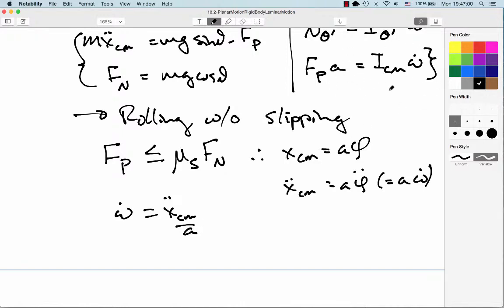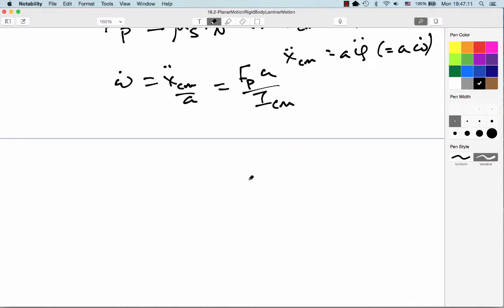But from here I can observe that omega dot would have to be equal to F_P A over I, the moment of inertia at the center of mass. So that tells me that my F_P would have to be equal to the moment of inertia about the center of mass over A squared times X_CM double dot. Alright.